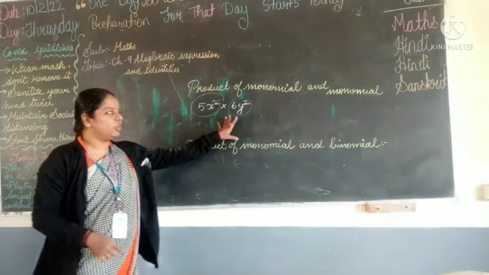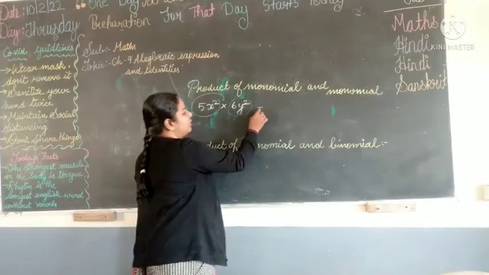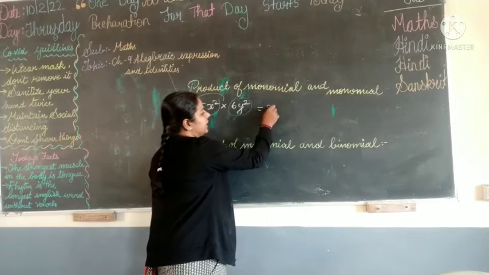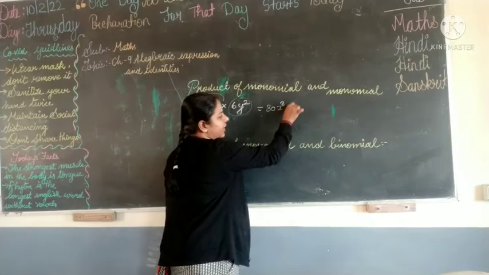So when you multiply two monomials, what is the answer? 5 times 6 is 30, so 30x square y square.